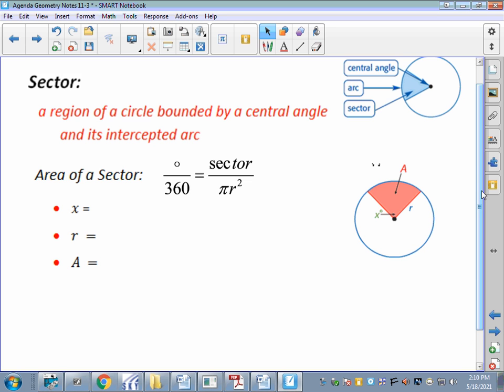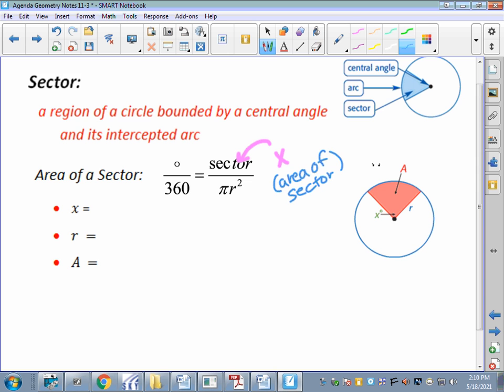I should say the area of the sector, which is most likely going to be x, the area of the sector, over pi r squared.